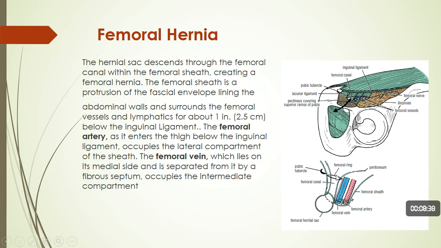Here it is covered by the peritoneum, and maybe when we have much pressure in the abdomen, the small intestines, by the peritoneum, come from the femoral ring to the femoral canal like this. It is named femoral hernia.